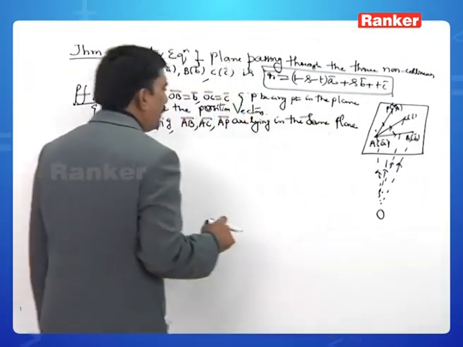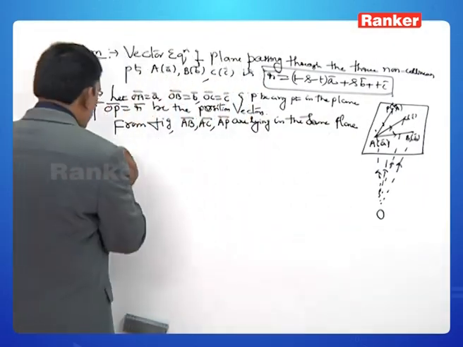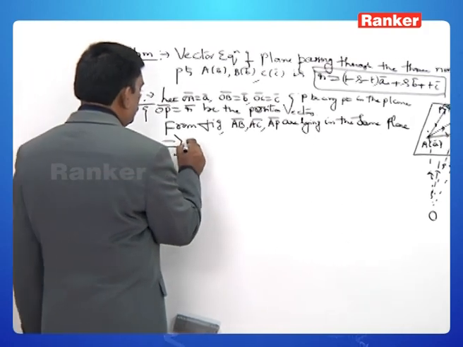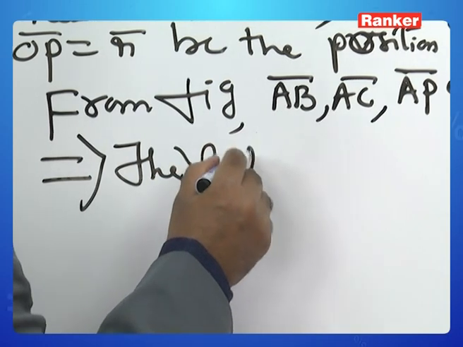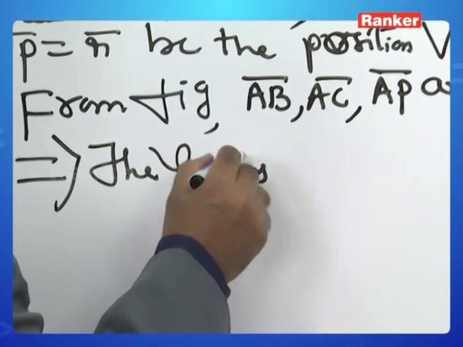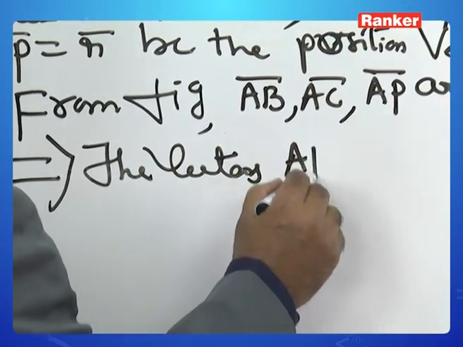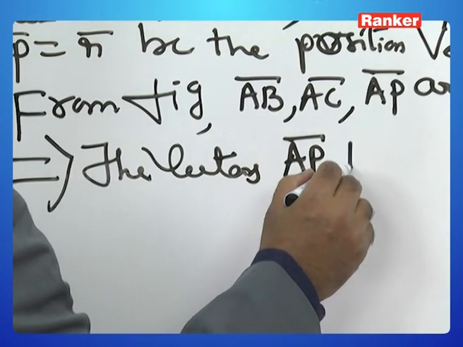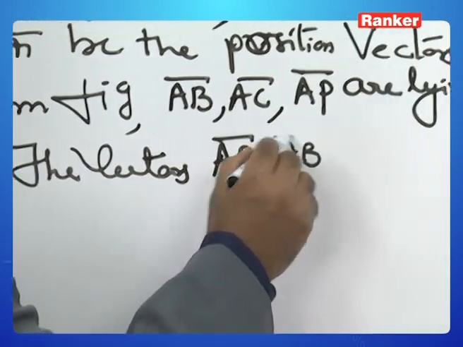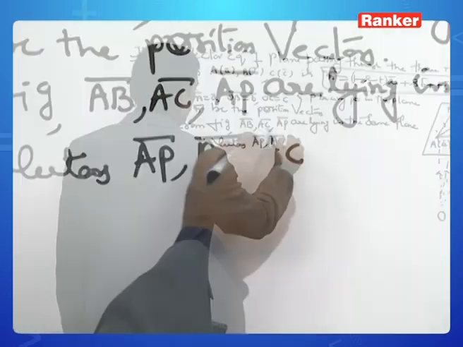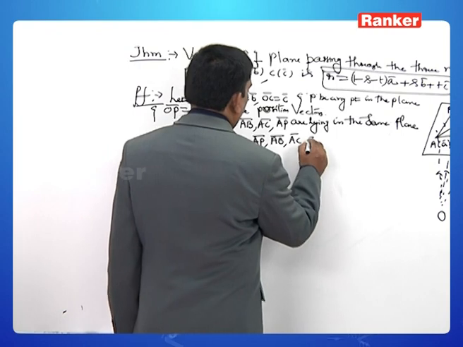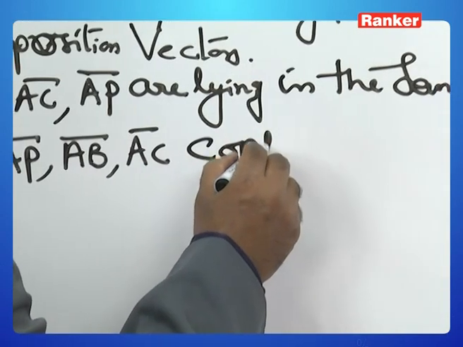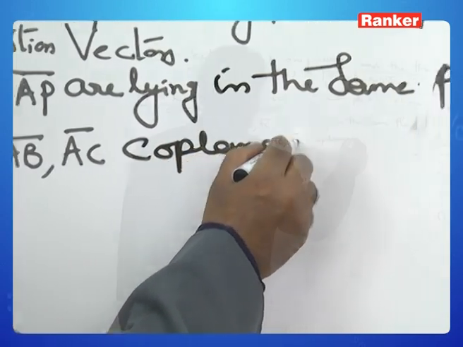Are lying in the same plane, which implies vectors AP bar, AB bar, AC bar are coplanar.